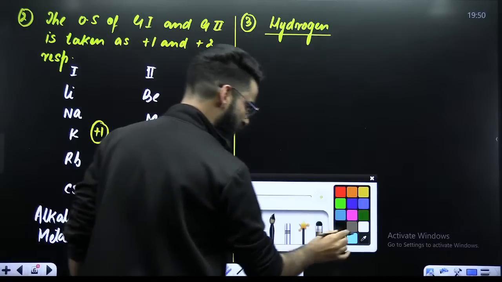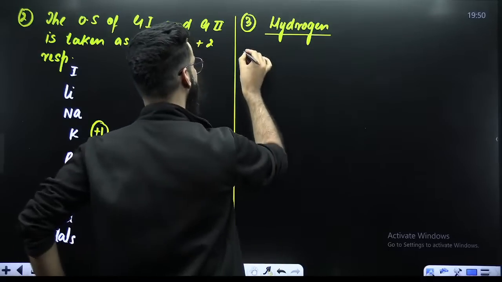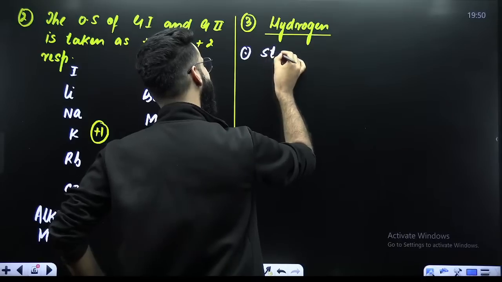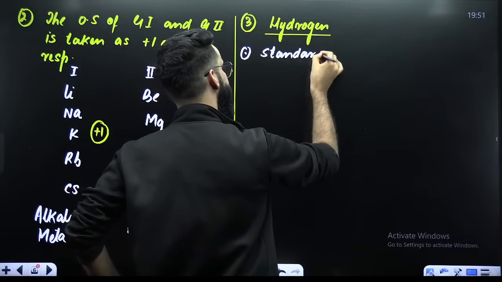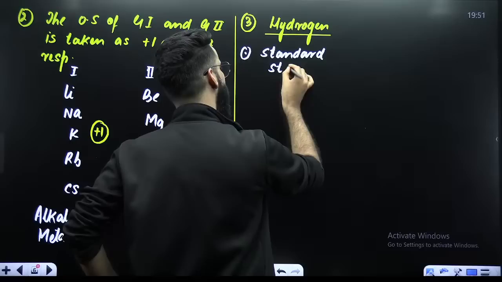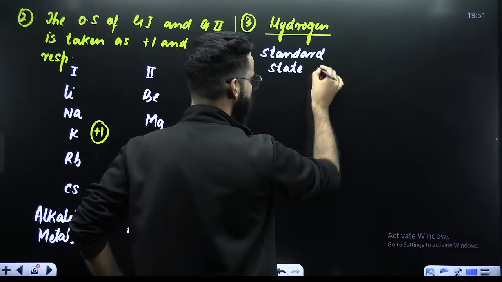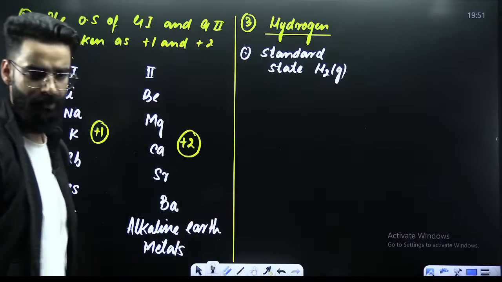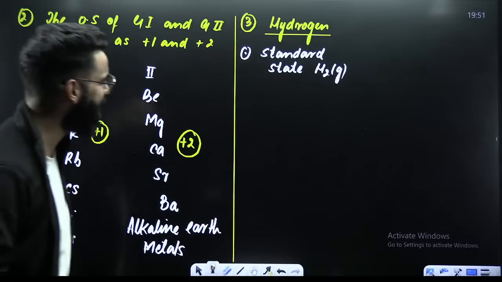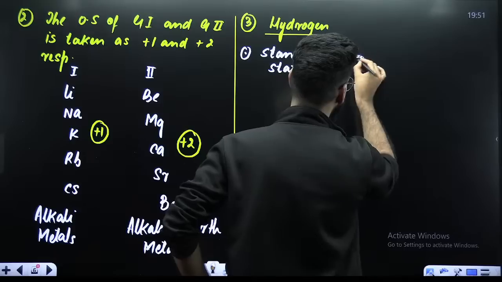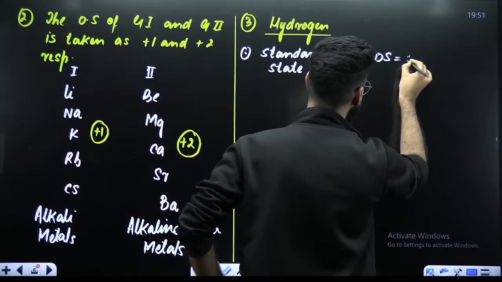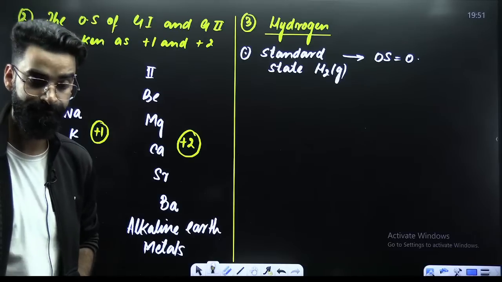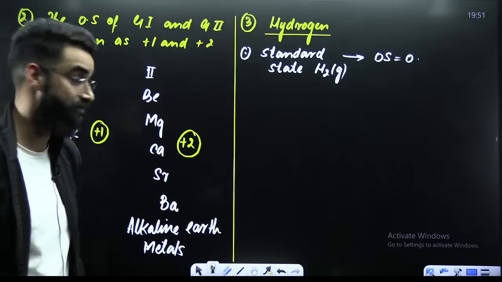Now, my dear students, the first thing about hydrogen: whenever you see hydrogen present in its standard state, that means in this form, H2 gas, its oxidation state will be directly taken as 0. Point number 1 about hydrogen.